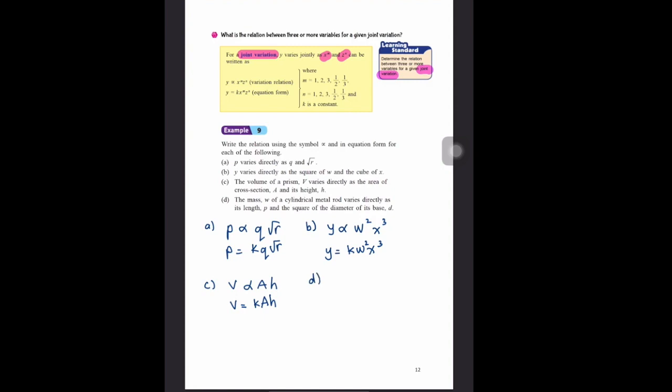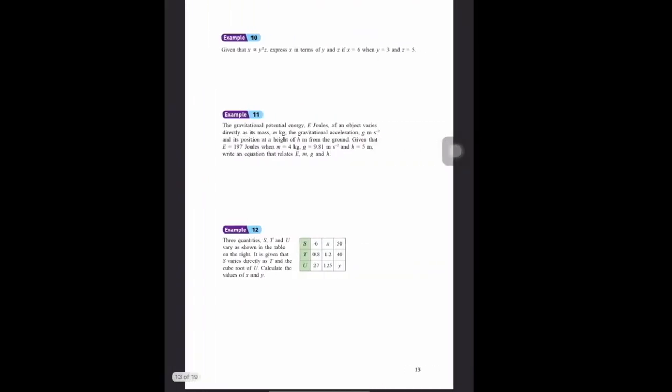Finally D, the mass W of a cylindrical metal rod varies directly as its length P and the square of diameter D, so D square. So we change it into the equation form, W equals kPD square. As simple as that.